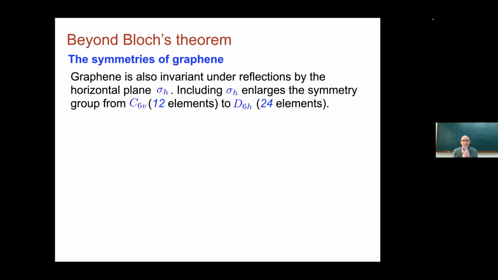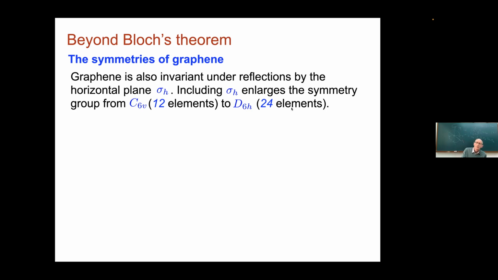Now there is another symmetry. Graphene is obviously invariant under reflections by the horizontal plane, by the plane of the sample. If I include sigma h, this means sigma means mirror and h horizontal, then instead of this group, this is D6h, with 24 elements.